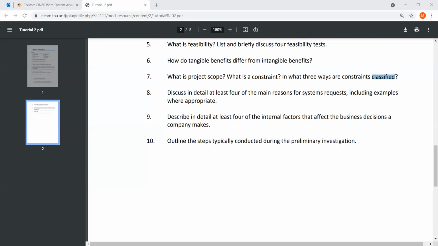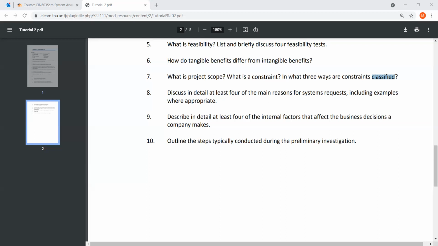Project scope is the defining of specific boundaries, or extent, E-X-T-E-N-T, of the project.